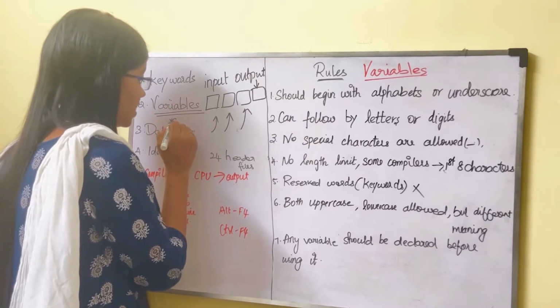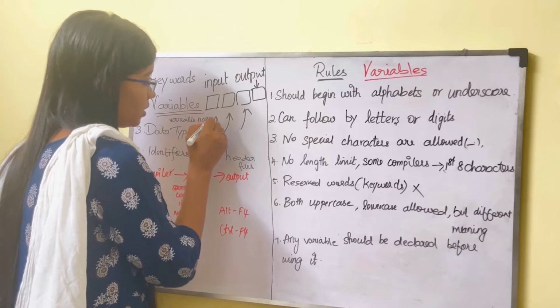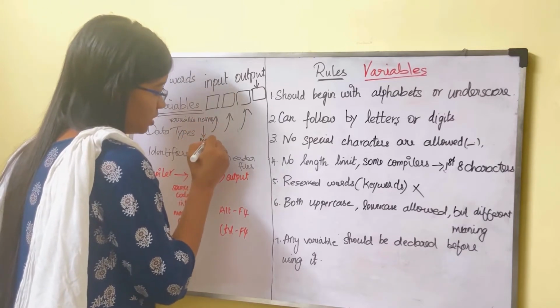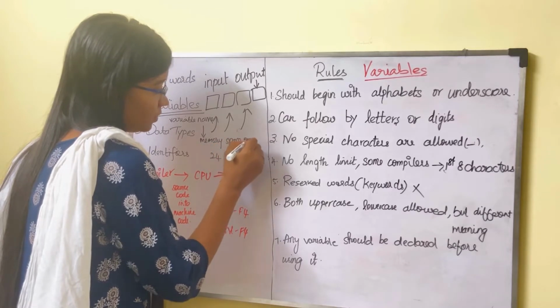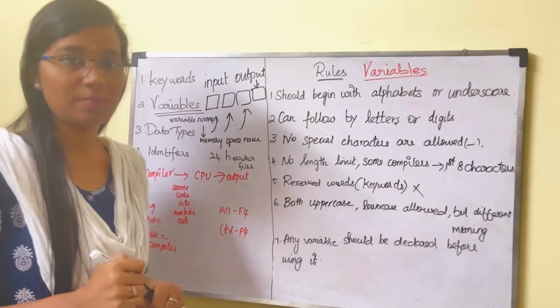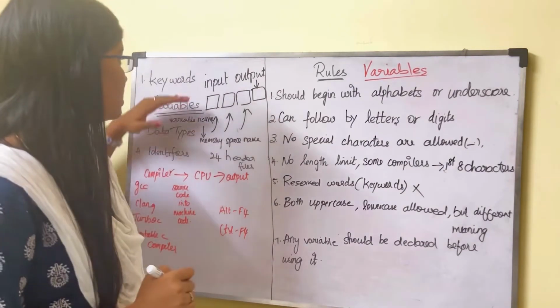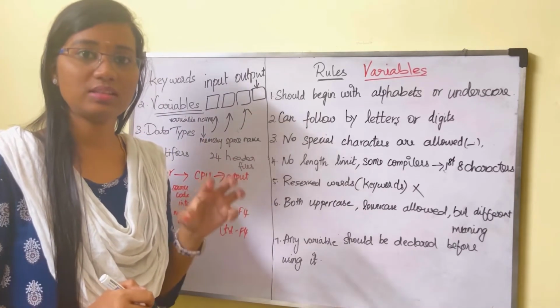We call it the variable name. Variable name means the memory space name. So variables are user defined names. What is user defined? As we saw, keywords have predefined meaning.